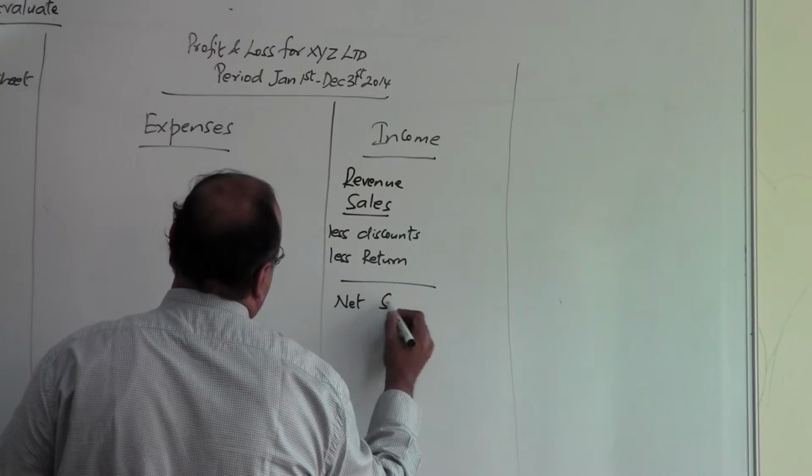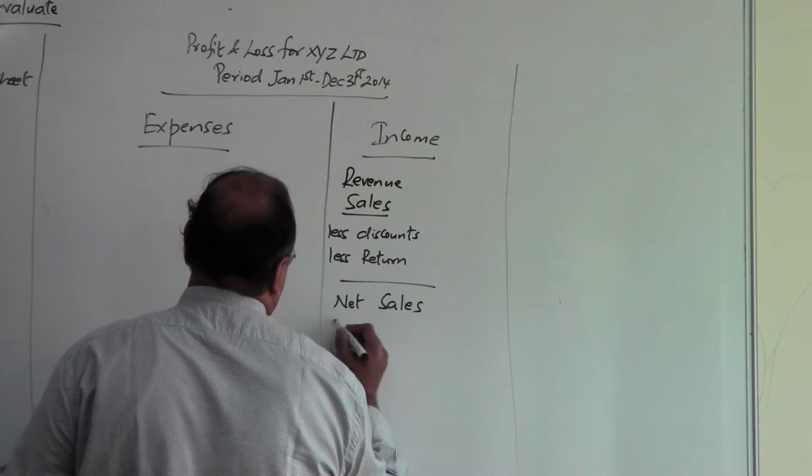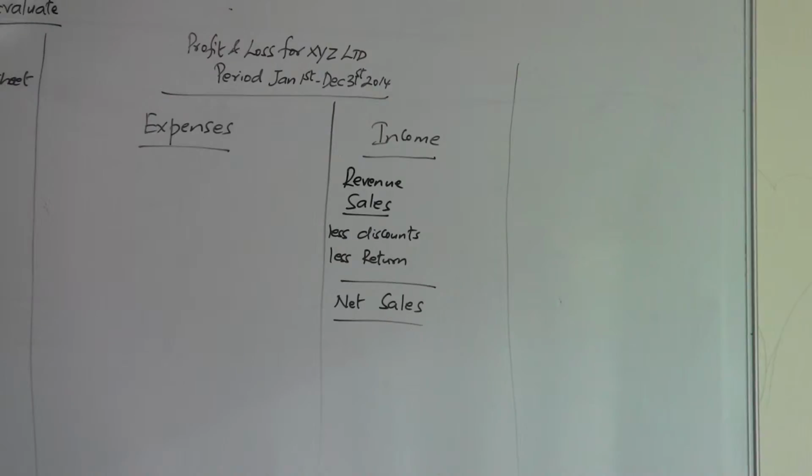What all is actually sold, we need to consider only that. Otherwise, it will be a bigger figure. So, what is net sales? Whatever you sold, less discount you have given, less returns. Sometimes you sell, it is not good material, it comes back. So, you need to reduce that. Okay. So, net sales.